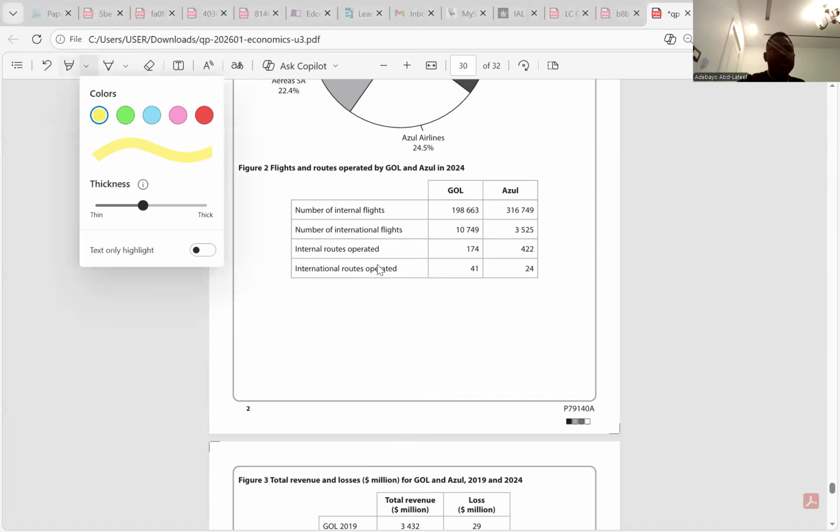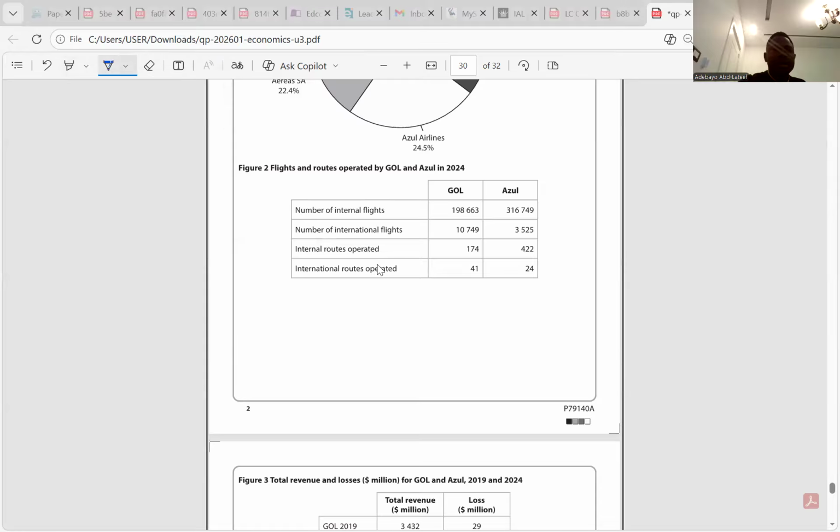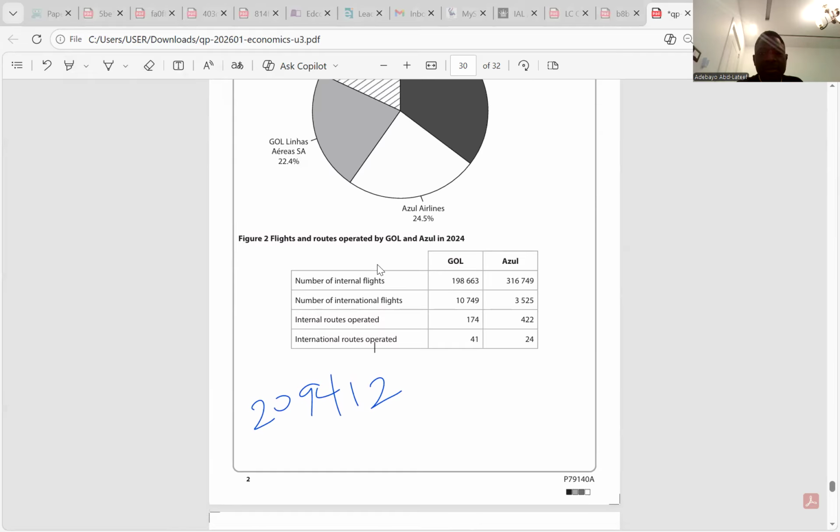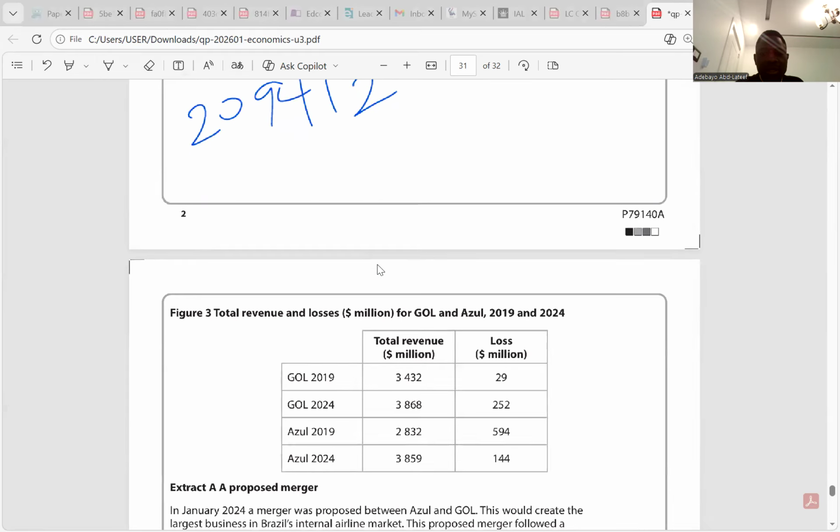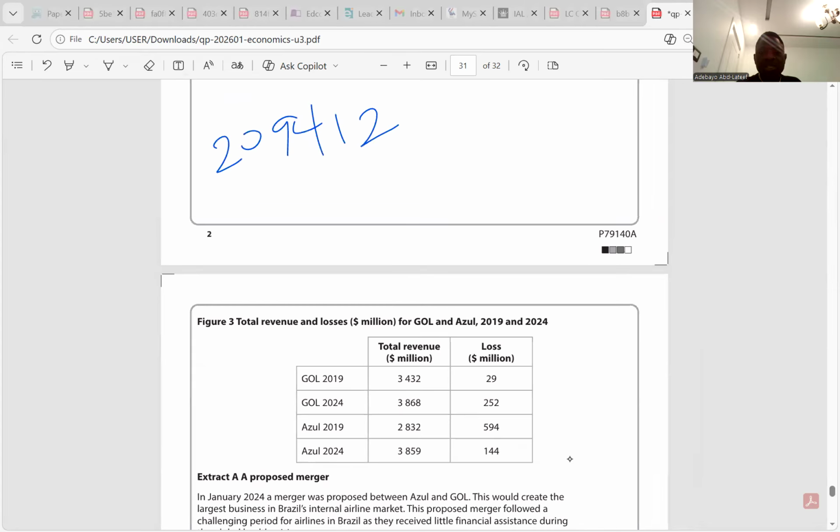So the total flight is 209,412. Then we need to calculate the average loss. The loss made in 2024 is 252 million.